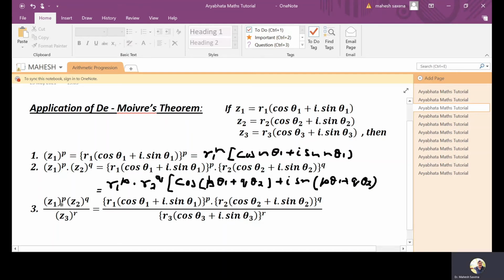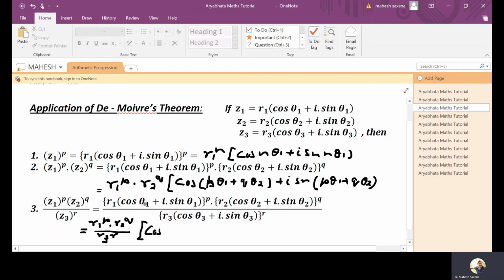Similarly, z1 to the power p, z2 to the power q and z3 to the power r will equal r1 to the power p into r2 to the power q upon r3 to the power r, and this will be equal to cos.